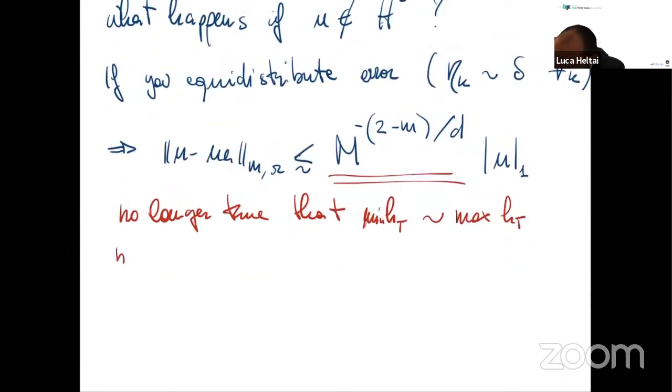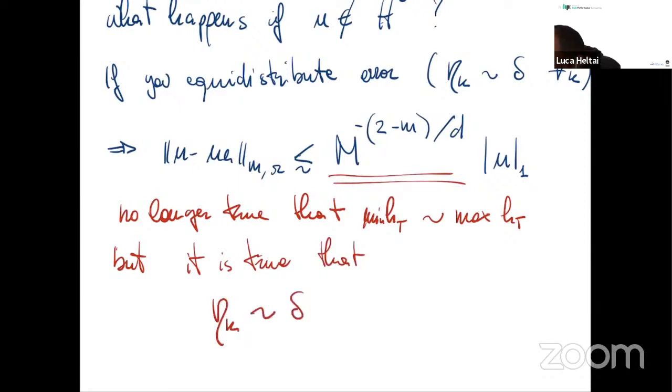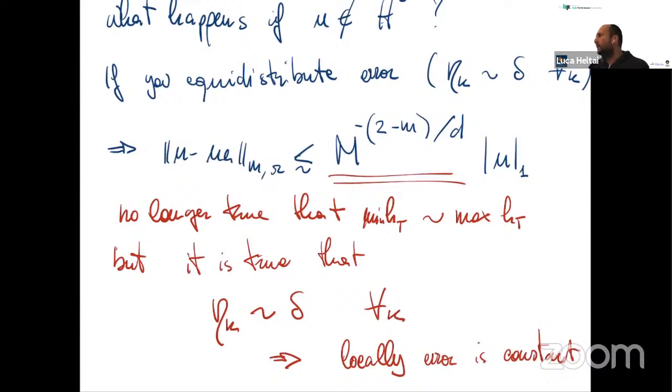But it is true that eta_K is proportional to delta for every K, which implies that locally the error is constant. And you are going to refine more where the local error is larger.